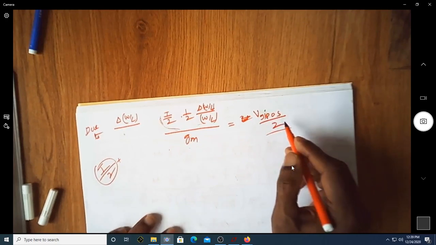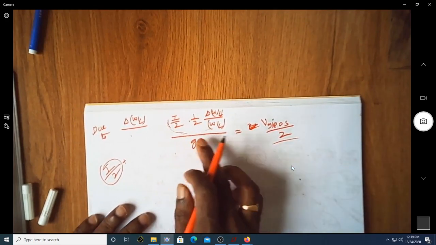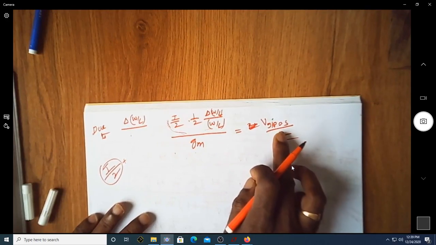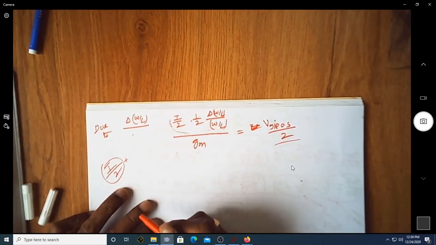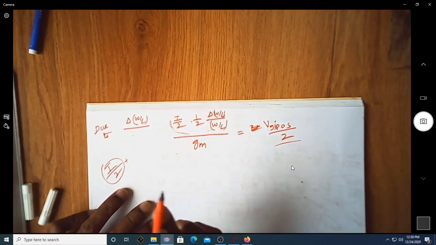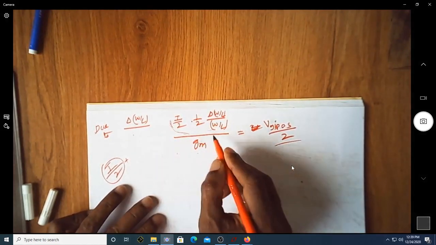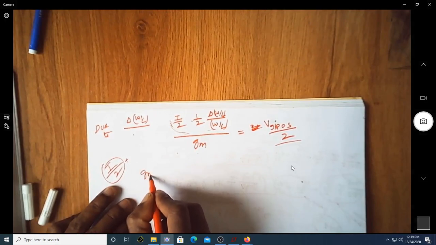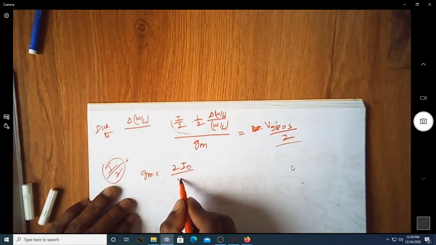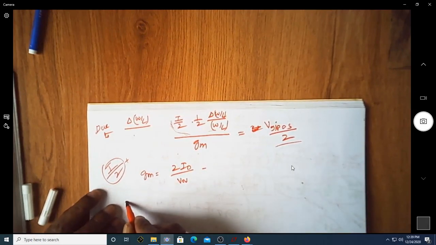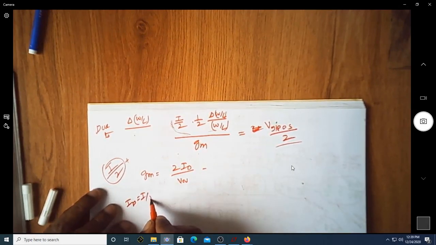Let us try to obtain an expression for the input offset voltage to overcome the output offset due to this W by L mismatch. We know Gm is equal to 2ID by VOV, the general expression, but ID is equal to I by 2.